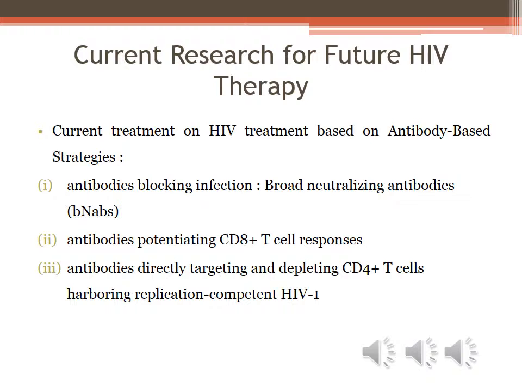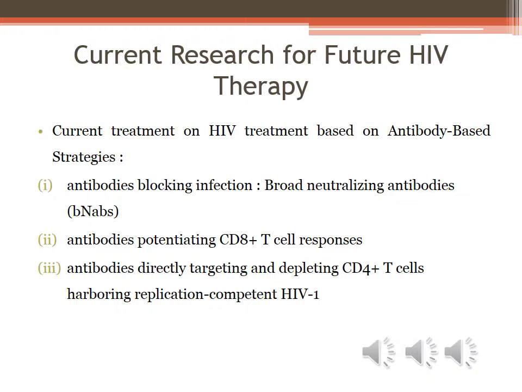Okay, so the first one, antibodies blocking infections. The studies use broadly neutralizing antibodies (bNAbs). bNAbs target regions of the HIV-1 Env protein, but are only generated in a small fraction of HIV-1 infected individuals during the natural course of infection. bNAbs are clinically proven to suppress viremia by targeting the CD4 binding sites and carbohydrate-dependent epitopes in the V3 loop of the HIV-1 envelope spike.